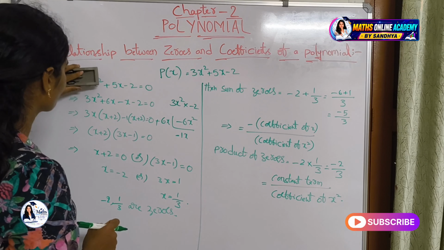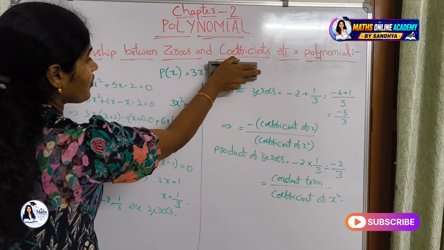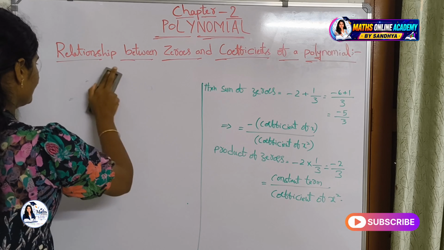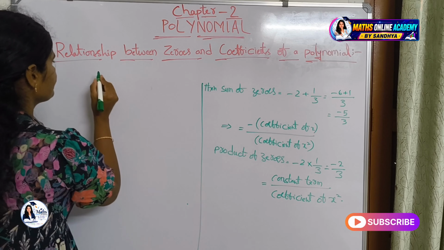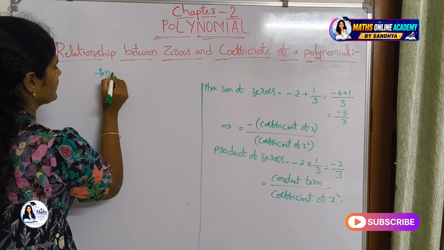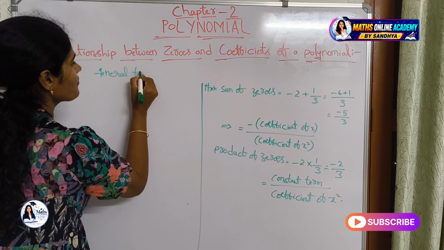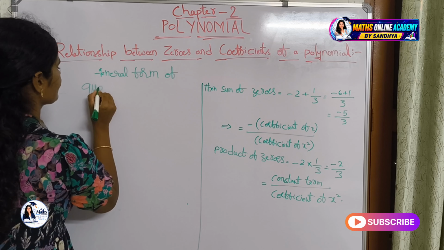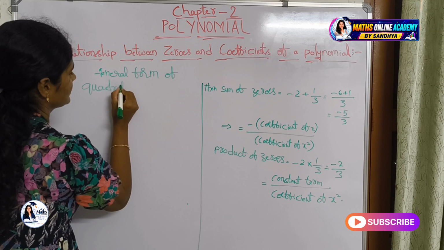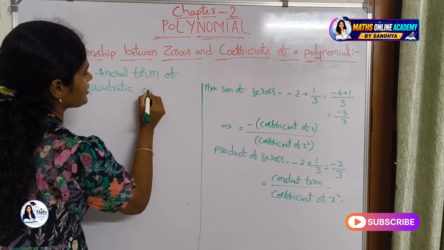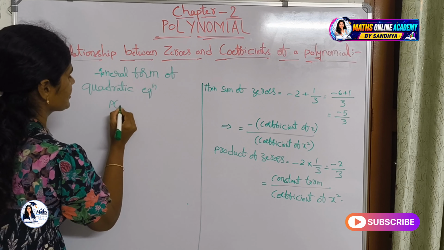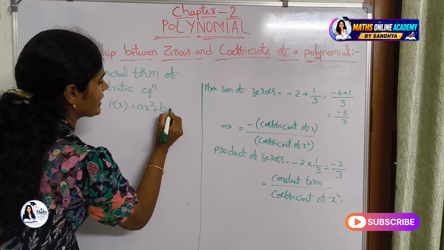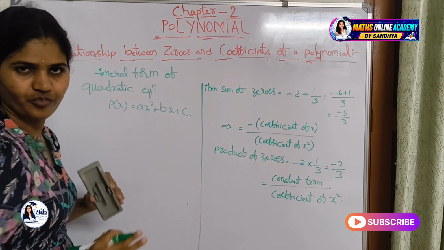See, generally, what is the general form of a quadratic equation? General form of a quadratic equation: p of x equal to ax square plus bx plus c. This is the general form.